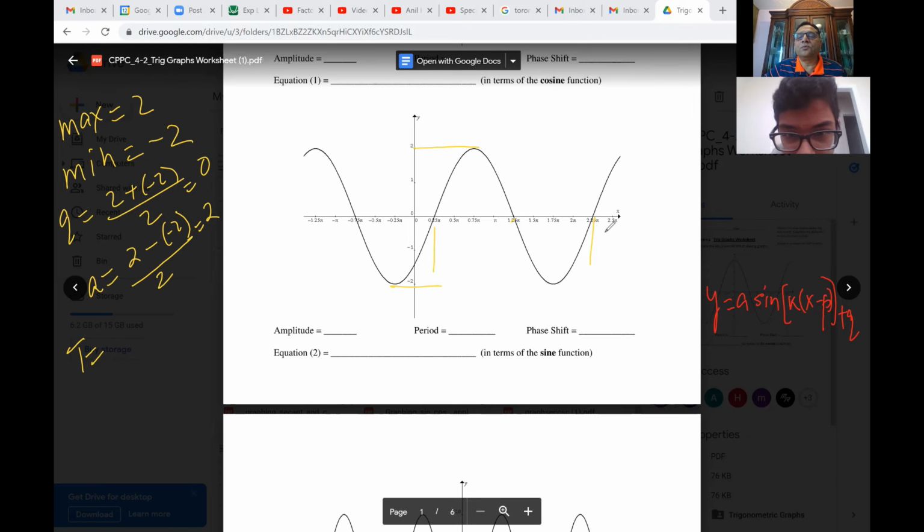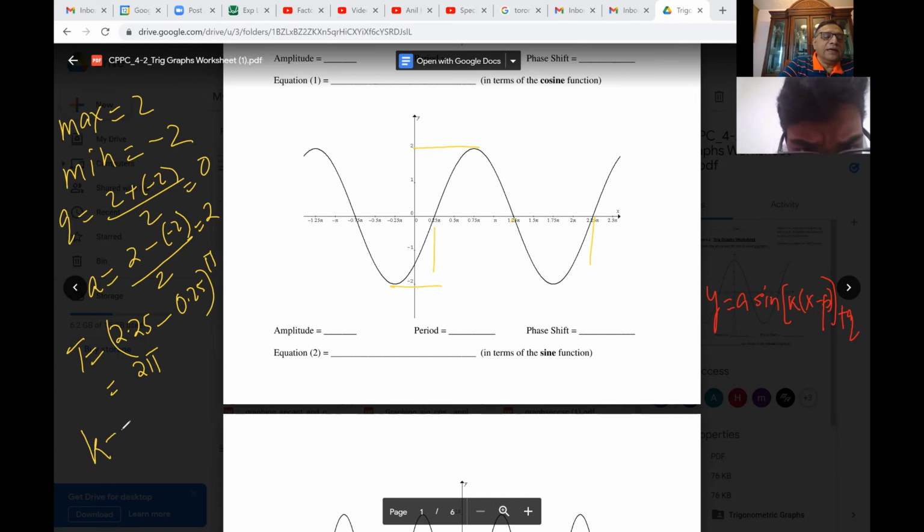So 2.25 pi. So 2.25 minus 0.25 pi, divided by 2, right? So that is the time period. No, this is a full cycle. Oh, okay. So this is 2 pi, correct? Since the time period is 2 pi, the value of k will be 2 pi by 2 pi, which is equal to 1. Is it clear?